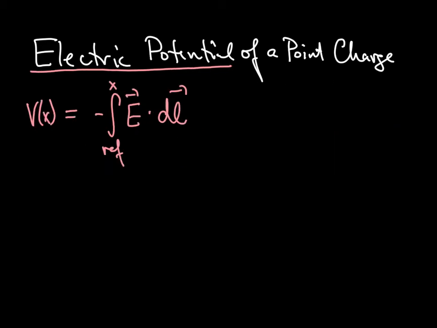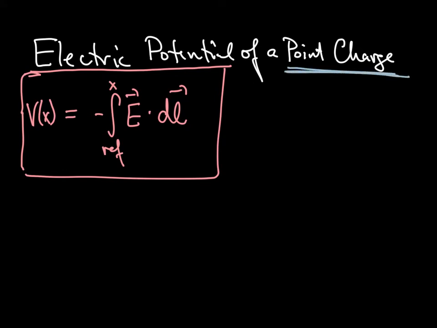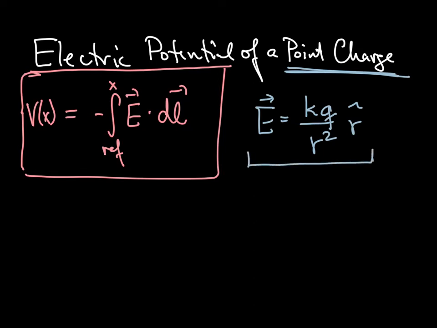So now that we've got the electric potential part of that statement all nailed down, let's think about the point charge part. One of the things we learned early on was that for a point charge, the electric field was always k q over r squared, r hat, where we're centered at the origin.